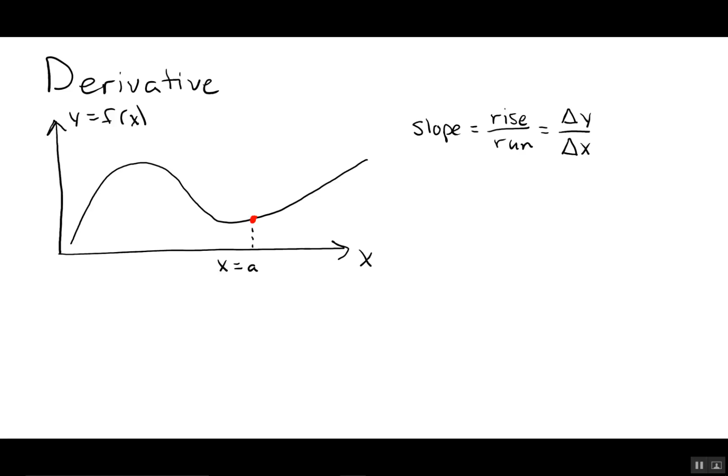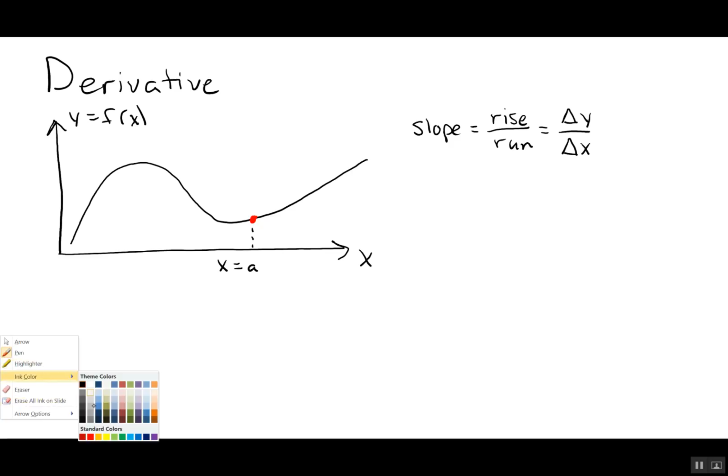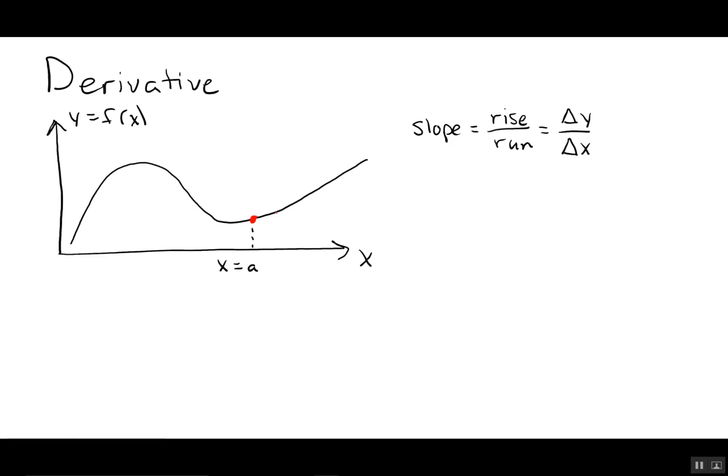Well, the mathematical definition of the slope is rise over run, or another way of saying that is change in y over change in x. So to estimate the slope of this function at that red point, we actually need to know the value of this function at 2 points, preferably another point close by.